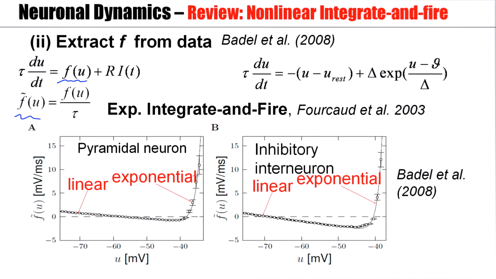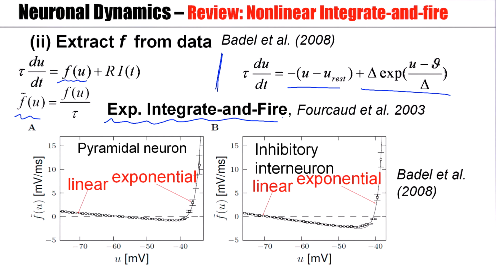Thus, if we restrict ourselves to just one voltage equation and combine it with reset, the best function is the one that has a linear term and an exponential term, and this is called the exponential integrate-and-fire model.